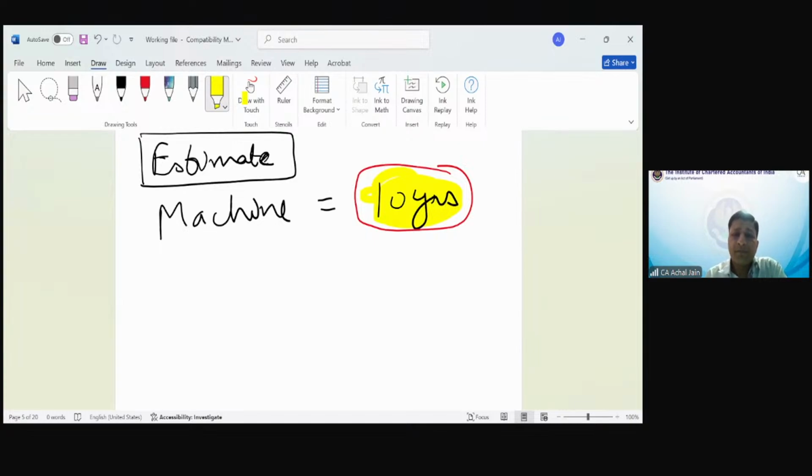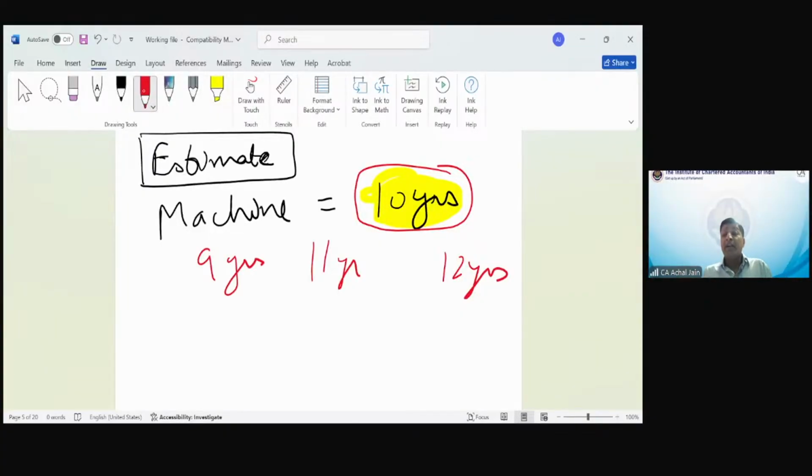Now, as regards this life, we can say that this can be 11 years, this can be 12 years, this can be 9 years. Yeah, but with 100% accuracy, we can't say it has to be 10 years. That's what you have in case of an estimate.